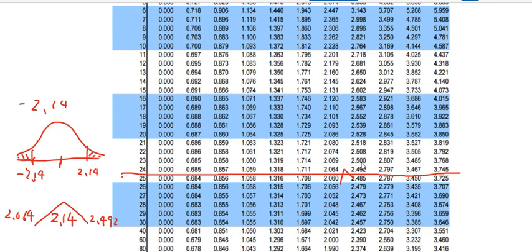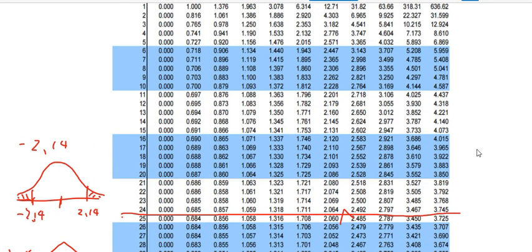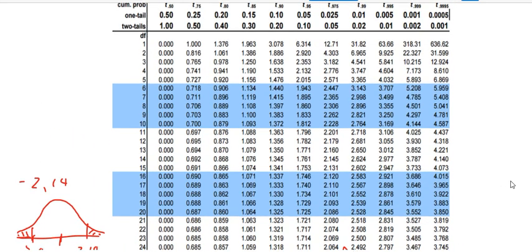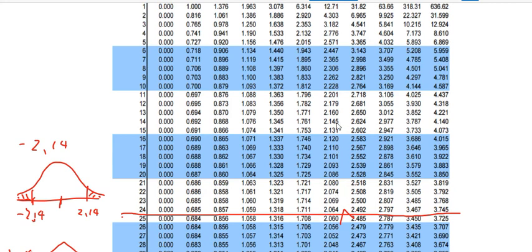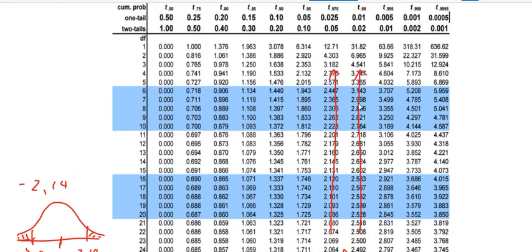Okay, so what is the meaning of those cutoff points? What is the meaning of the two columns?